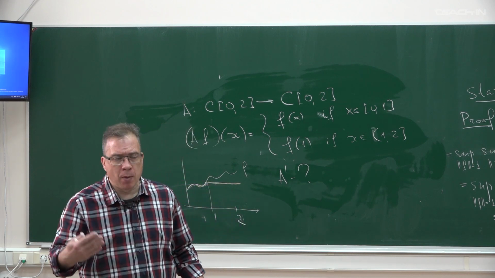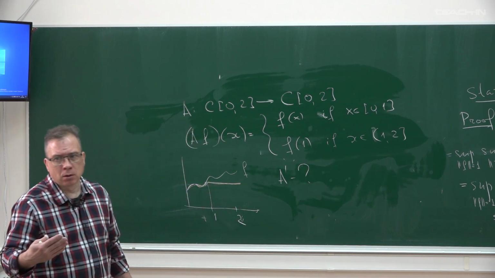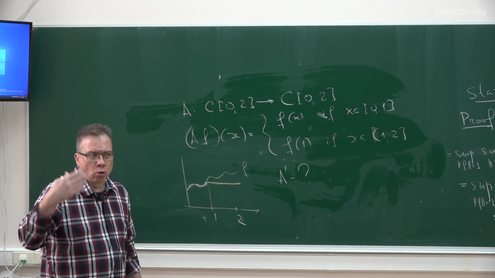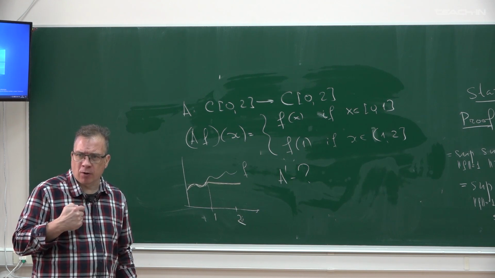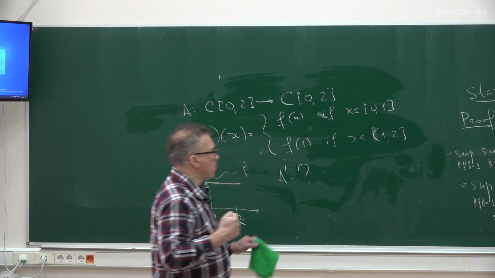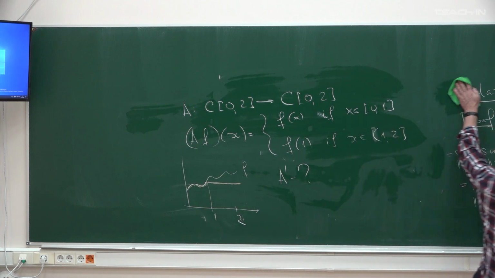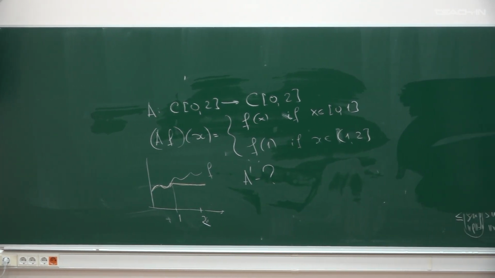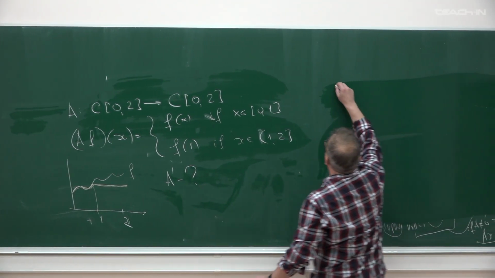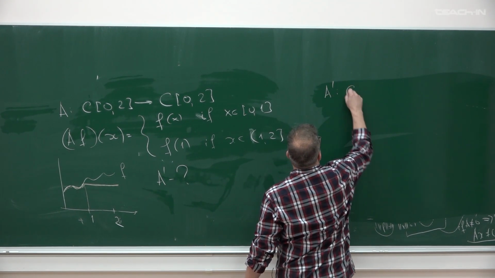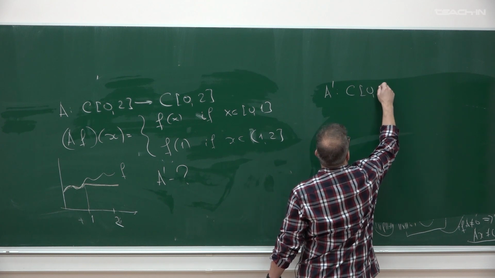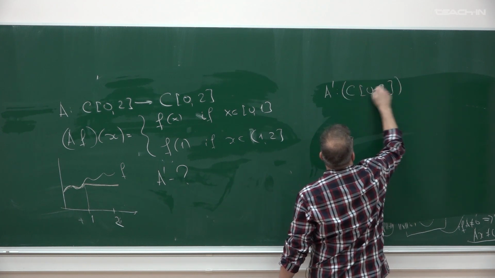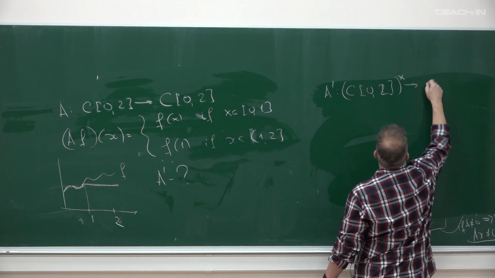But what do we know about the adjoint or dual space to the space of continuous functions? So, first step: A prime maps from this space to this space.